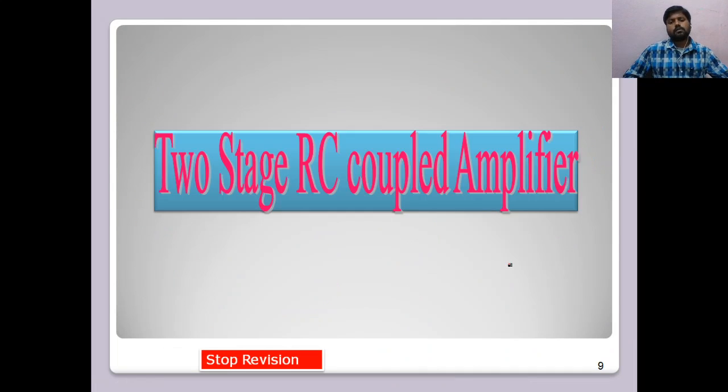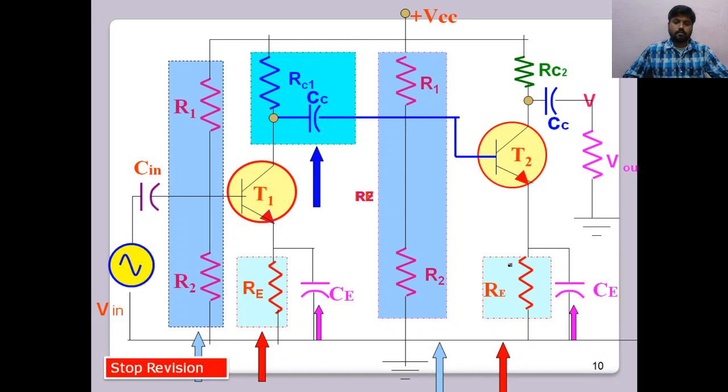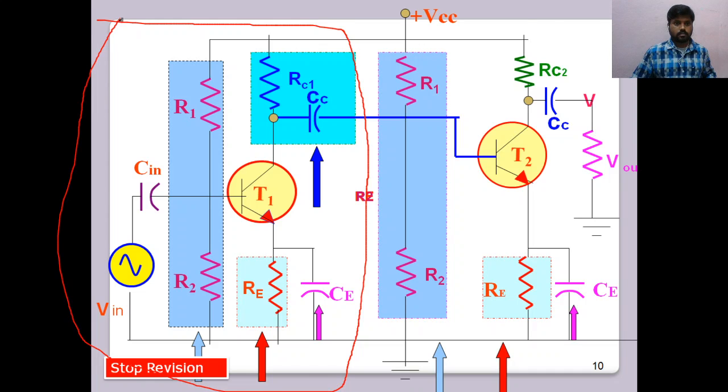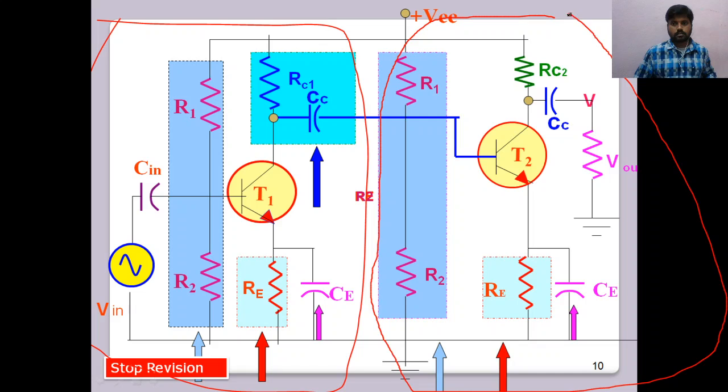And let us go to the two-stage RC coupled amplifier. See here, we have added one more transistor amplifier, that is cascading. The output of the first stage is connected to the input of the next stage. Here this is the first stage, and here this one is the second stage.